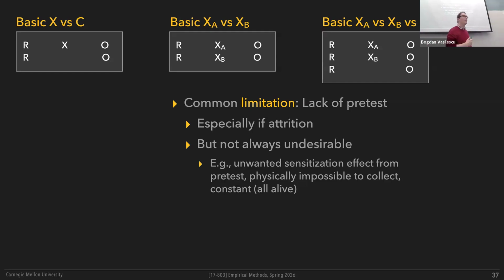That could be a problem if there's attrition, which there often is. Attrition means people drop out during the experiment. They may drop out at different rates. So unless you can reason about the people that have dropped out being similar to the people that remained in the experiment, you can't quite reason about the effect at the end, because you don't know if the effect is there or not there because of the treatment or because of the difference you've introduced in the two samples because of attrition.